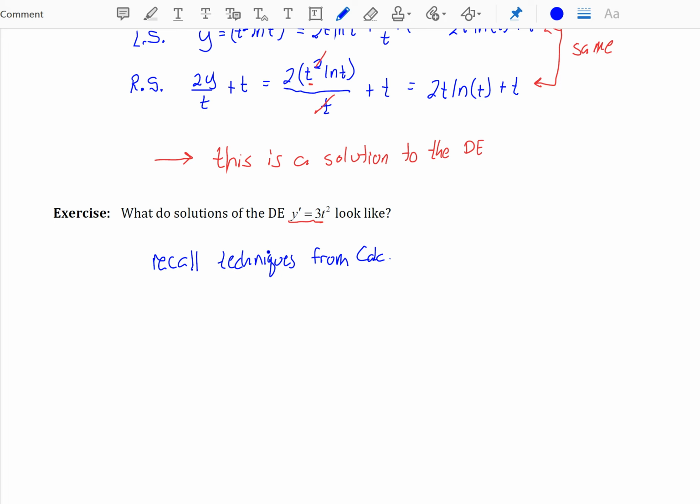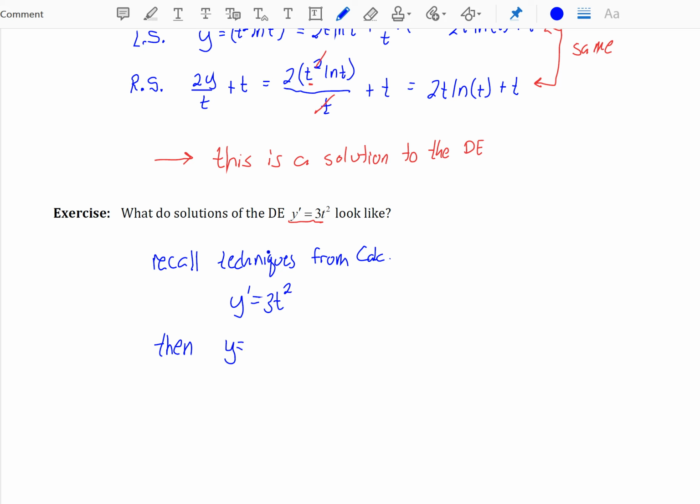So here we have y prime is equal to 3t squared. And I want you to help me come up with a function whose derivative is 3t squared. I'd like you to help me come up with the antiderivative.